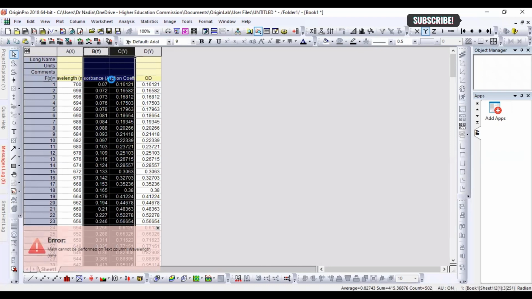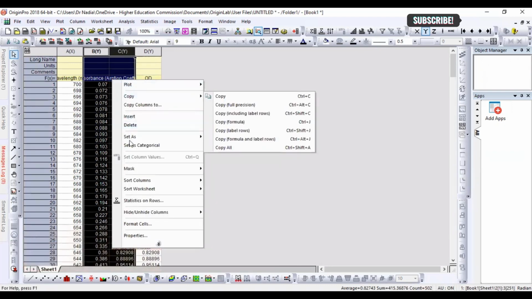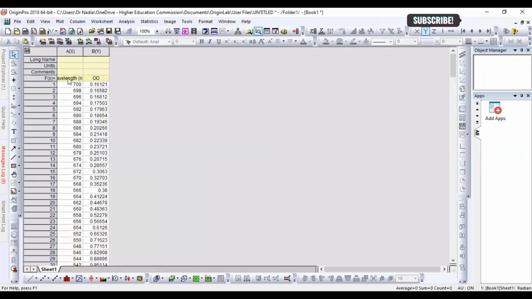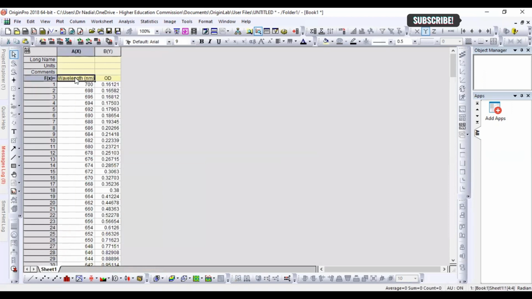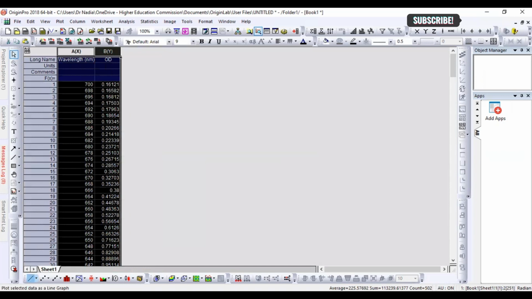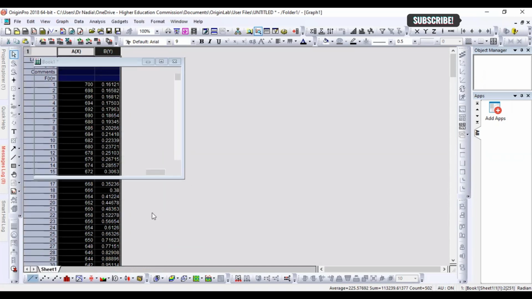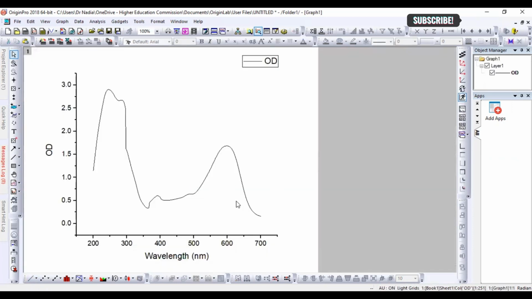We'll remove these two columns, and we have wavelength and optical density over here. Now just simply make a line chart, and this will give you the optical density of your sample at different wavelengths.